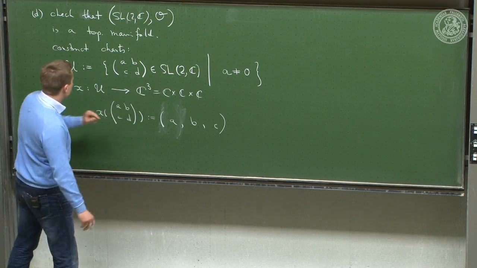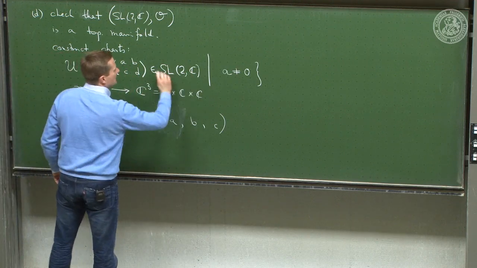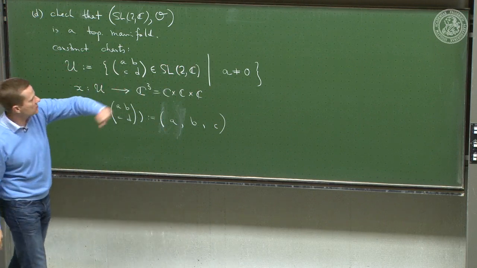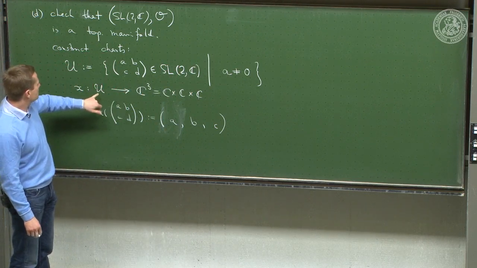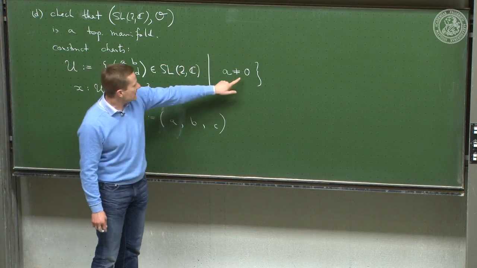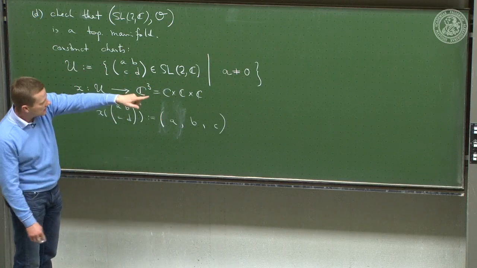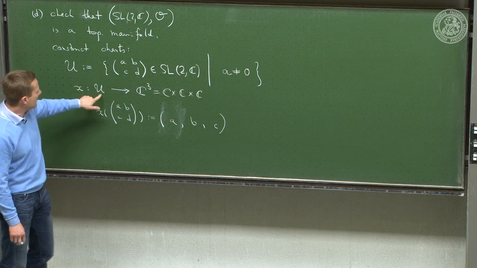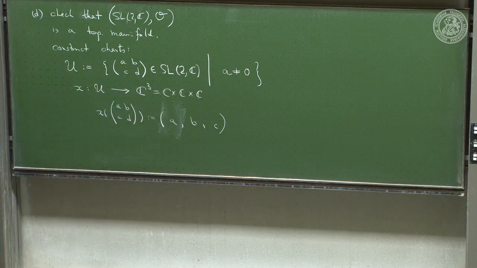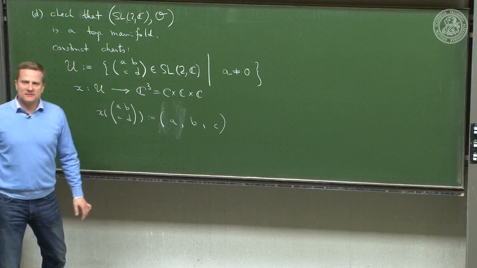So this is a map. It goes from here to here. SL2C being a topological space, I can certainly decide what it means to be continuous, and this is an open set, because I say A not equal to 0. This produces an open set in that topology. Is this map continuous?